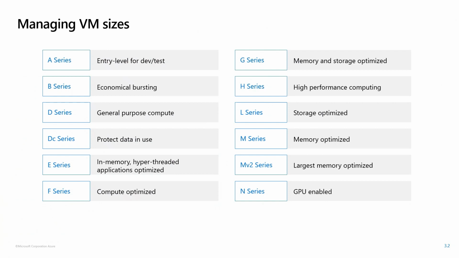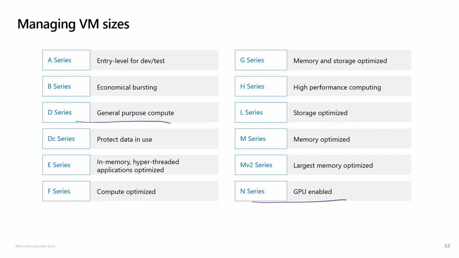So you can choose from a variety of these VM sizes, which give you the type of workload that you'd like to run and customize to your environment based on the size. So very important here that you know the association of the size to some of the use cases and types that you could see on the exam, like the D series being most popular for general compute resources, or N series for GPU enabled or based workloads, maybe for data science needs. That would be an example that you could see on the exam.